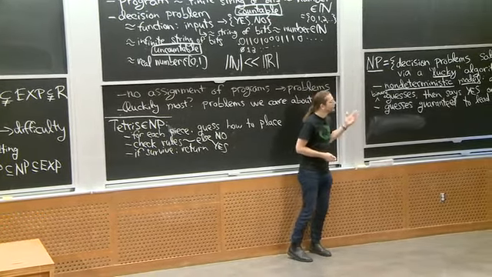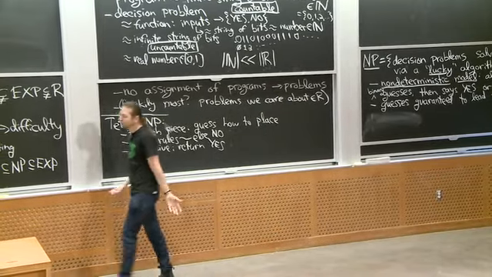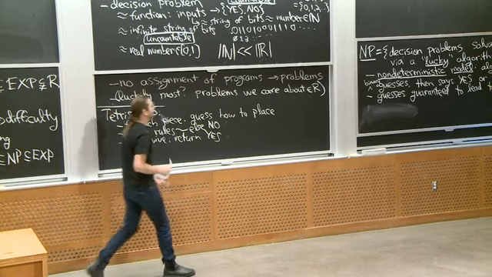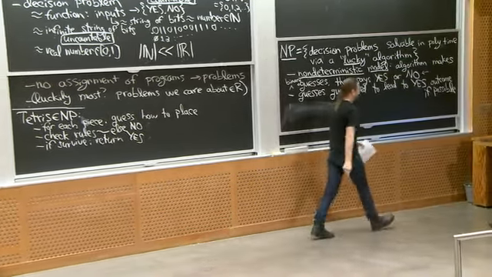Let me give you the other definition of NP. So if this one's confusing, which although I prefer this definition, most people do not, then let's do the other definition.